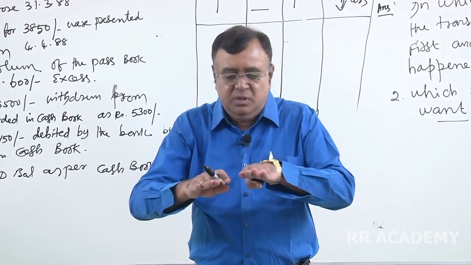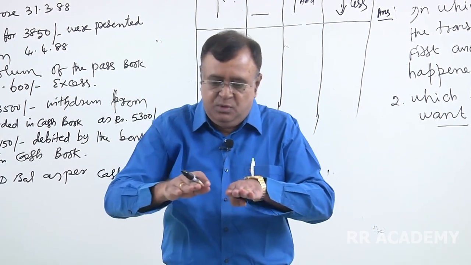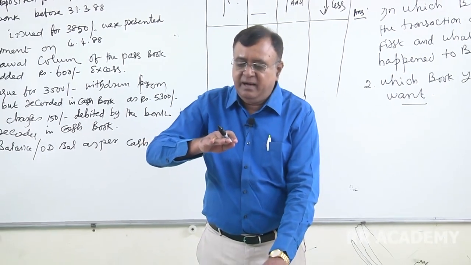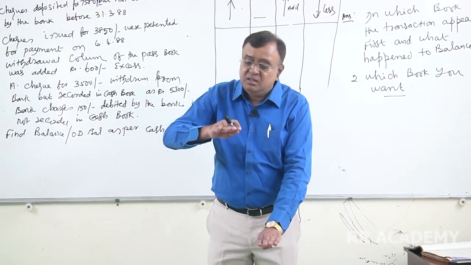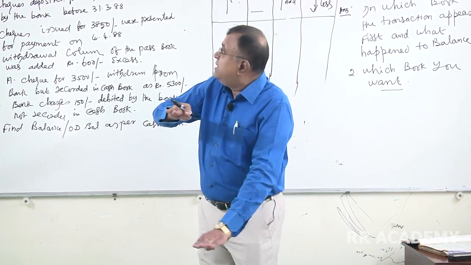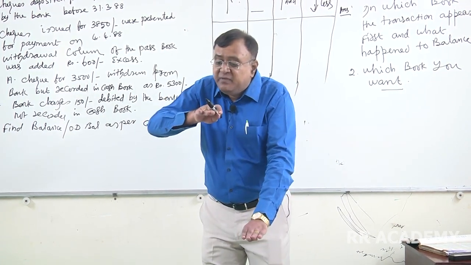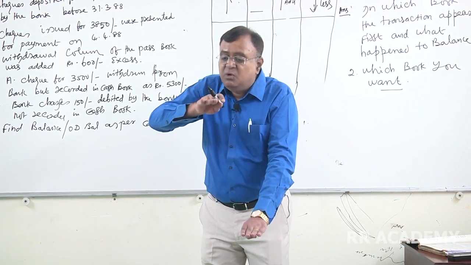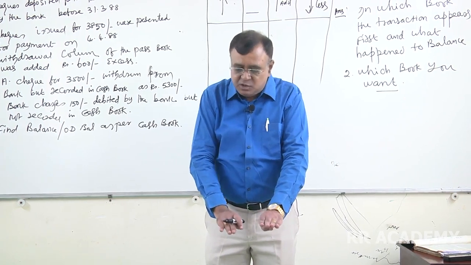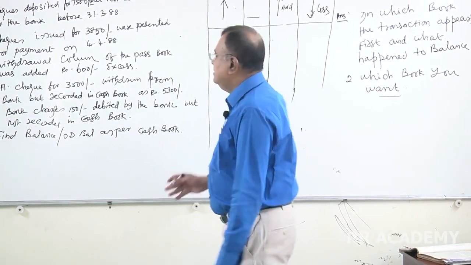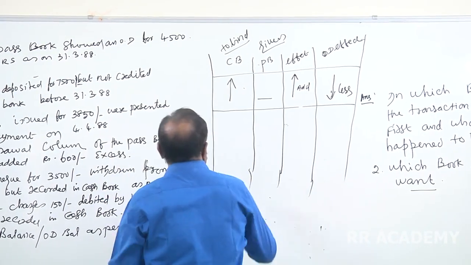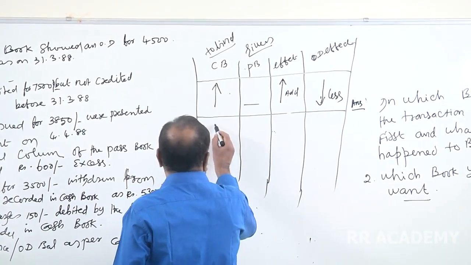Again I repeat, cashbook, passbook. When a check is issued, cashbook balance less, passbook same. Now which book do you want? We want the cashbook balance, but given is the passbook. Therefore less. Because it is overdraft, add. Now this also I will do. Checks issued, balance as per cashbook, less.